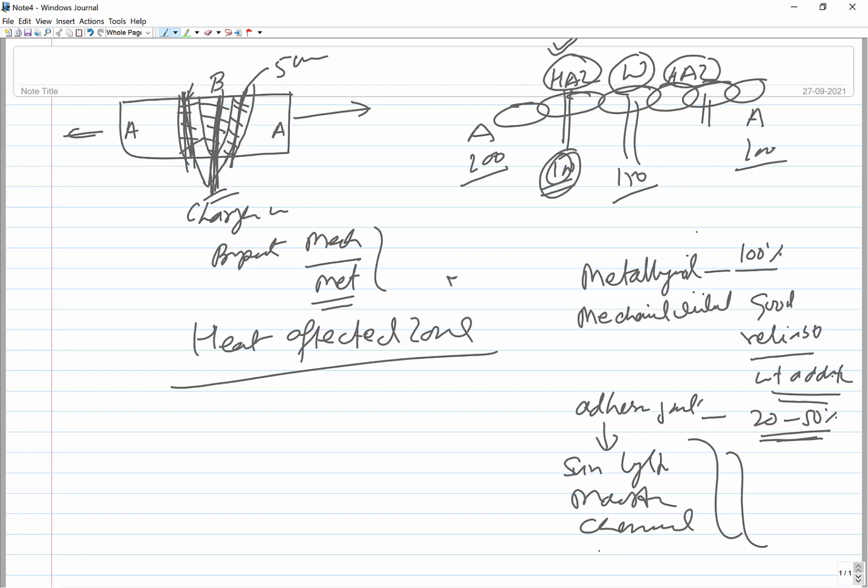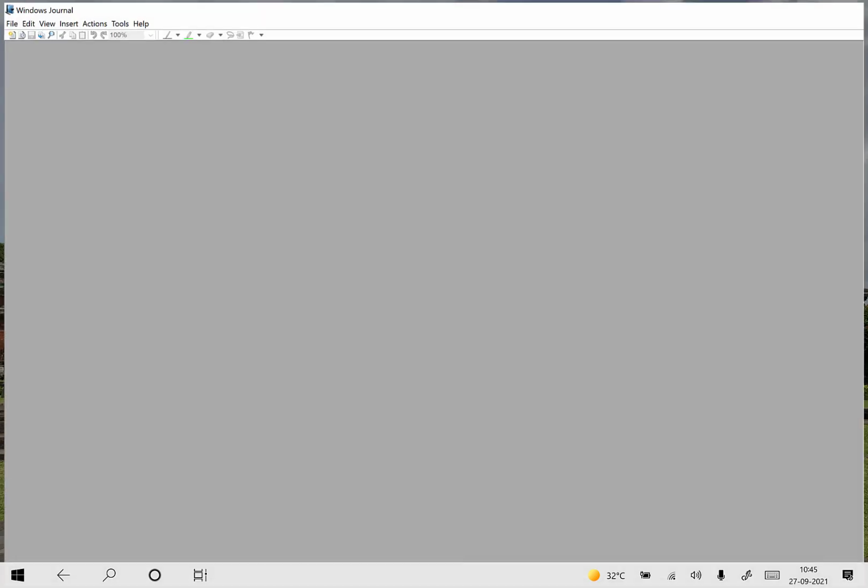And the moment your temperature goes above 100 degrees centigrade, their thermal decomposition starts, your joint will burn off, and the joint will be opened. So adhesive joints are good for very delicate or very favorable working conditions. Okay, so that was about the capability of these joining approaches.